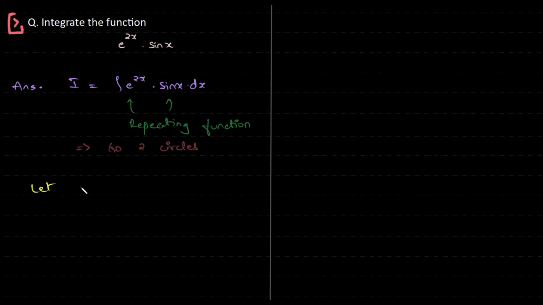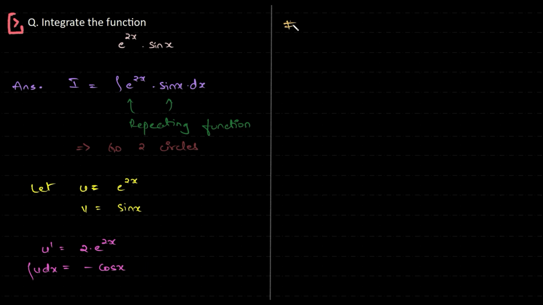So I'll call u here e to the power of 2x, and v as sine of x. So the derivative of u would be 2 into e to the power of 2x, and v being integrated would be minus cos of x.